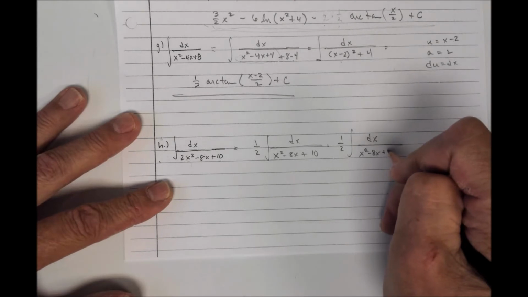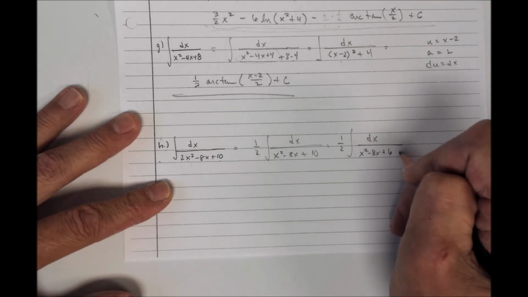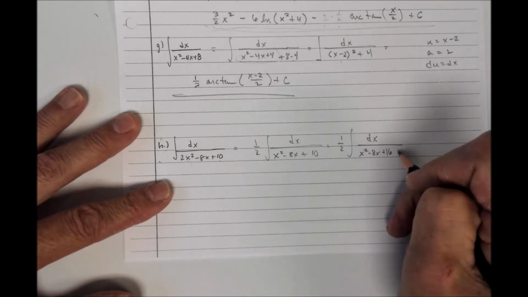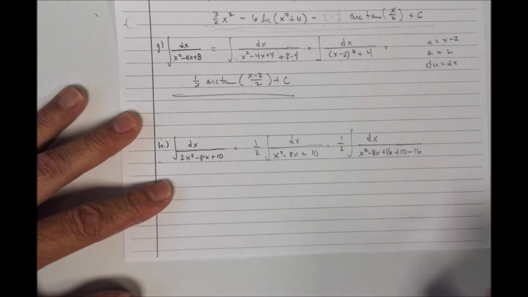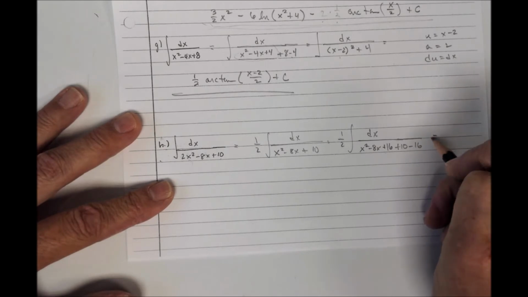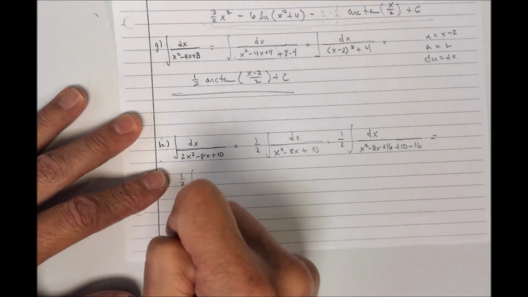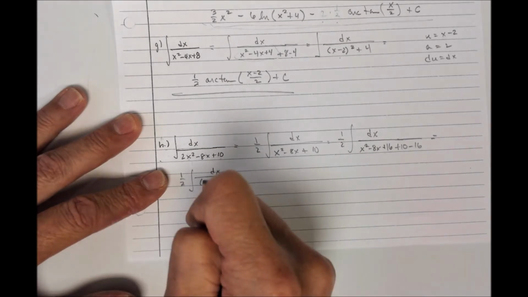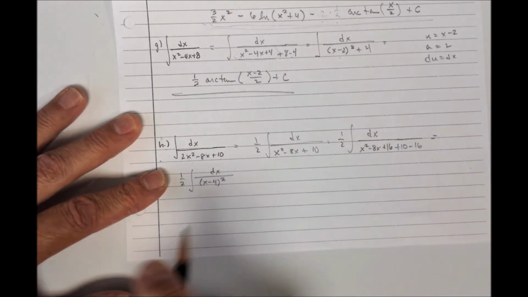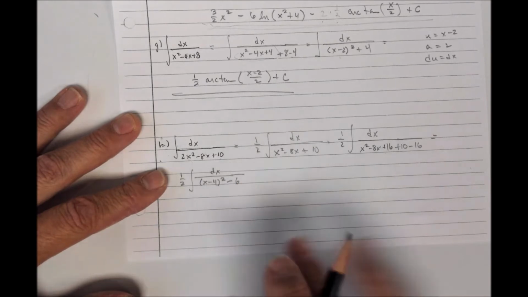Did I write something down wrong here? Because I only have a plus 10. So if I have the plus 10 and I add 16, I got to subtract 16. That's going to give me a negative. I'm not liking this one bit. Maybe I wrote the problem down wrong, or maybe I'm losing my mind here. X minus 4 quantity squared minus 6. I can't have that minus 6.